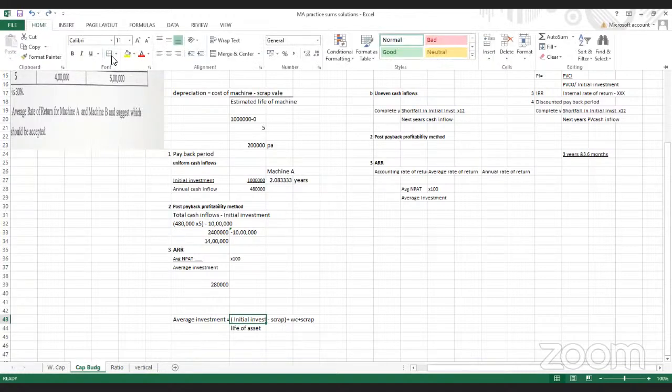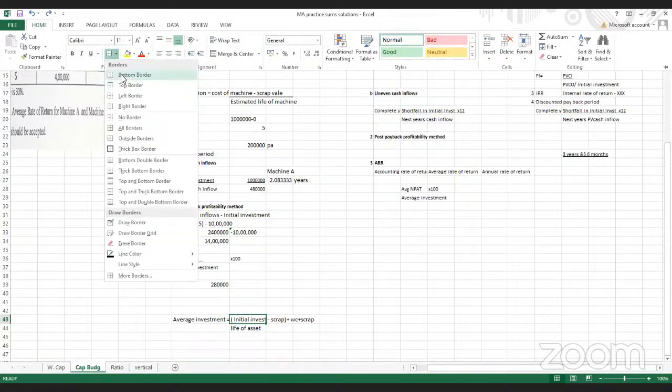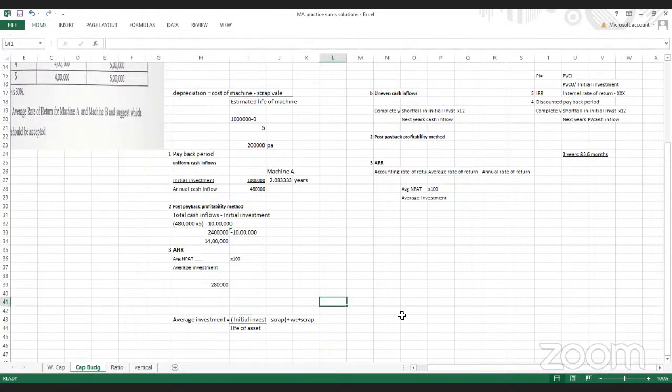Otherwise, one more alternative formula is there, but even this will work. So let us calculate by this method.